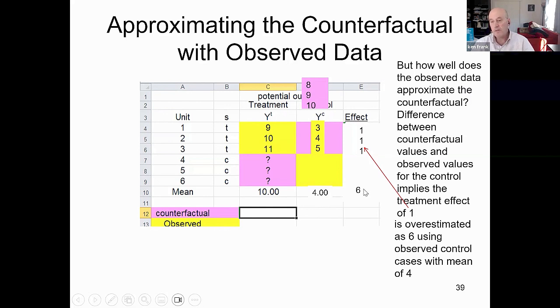And the difference is 6. I estimate the treatment effect of 6 when, in fact, it's 1. I overestimated the treatment effect. There is bias in my estimate. Why? Because I used the observed control cases to approximate the counterfactual for the treatment cases.